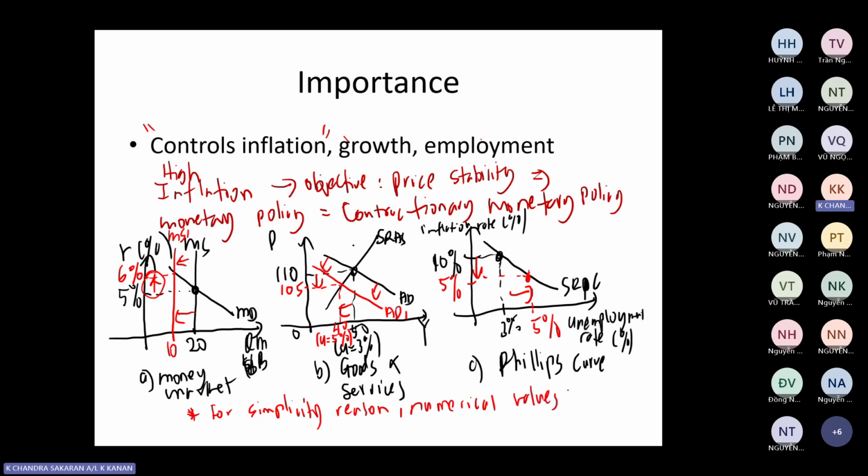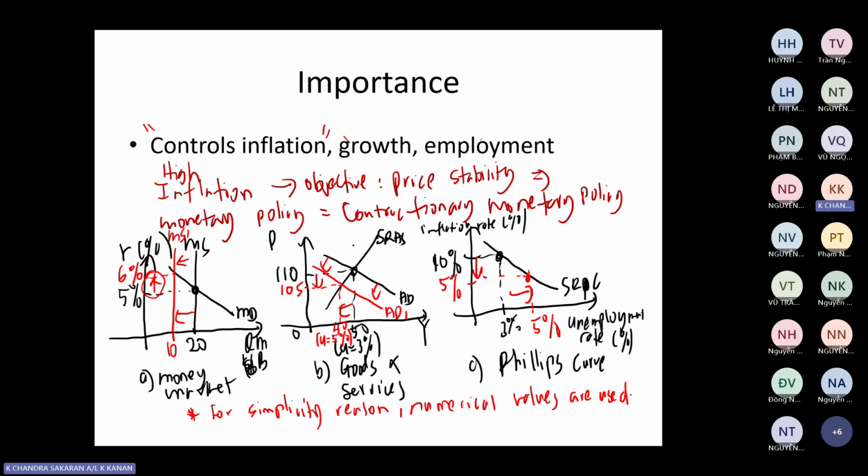You are using the figures to help you explain. That's all. These are not actual figures, unless you have the actual data, then you can put it. It's for explaining purposes. Are you clear?